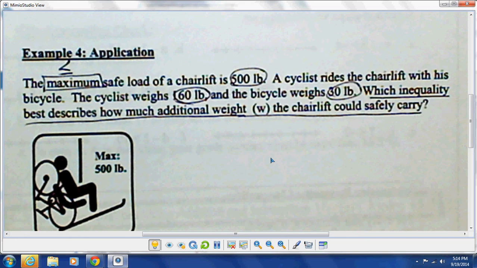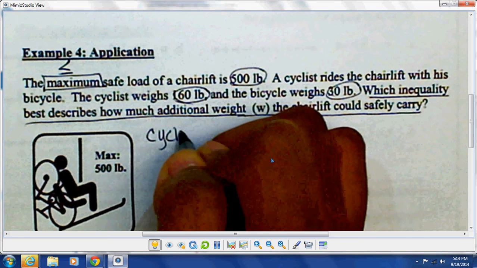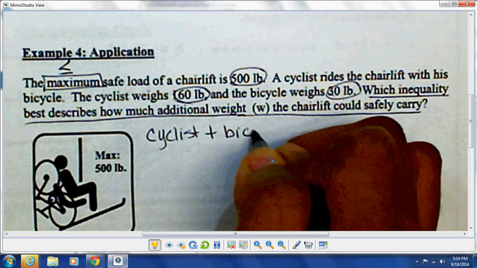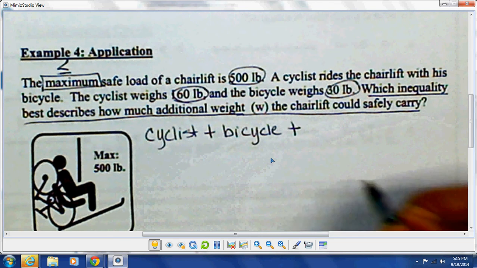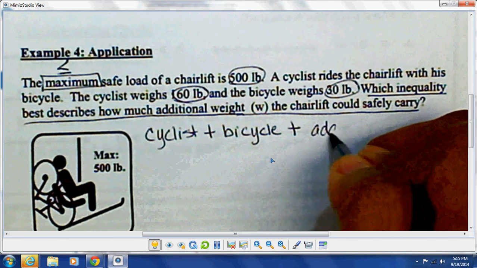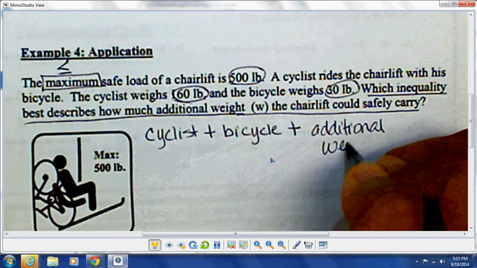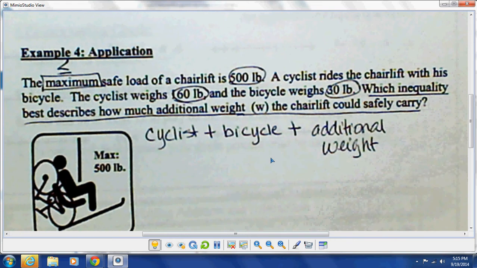So I need to do my cyclist plus my bicycle plus whatever additional weight. All that together is not to exceed your 500 pounds.